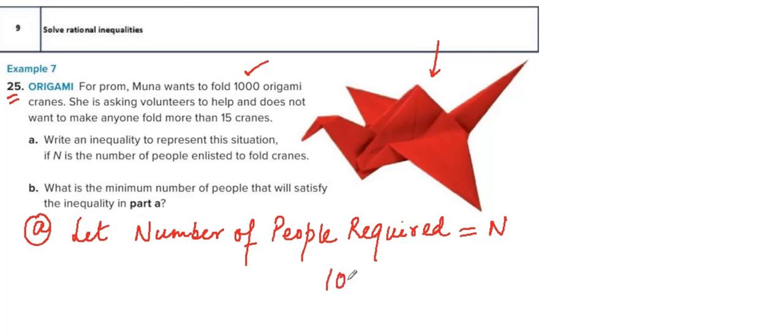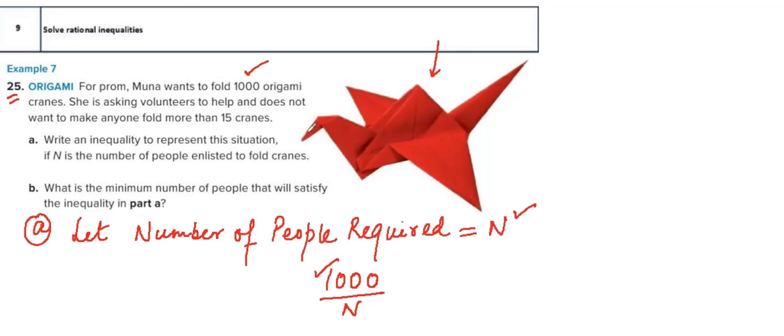We are dividing the work: 1,000 we have to make, and we are dividing it among n people. So 1,000 divided by n. So 1,000 origami are made by n people, so the work is divided among the number of people.